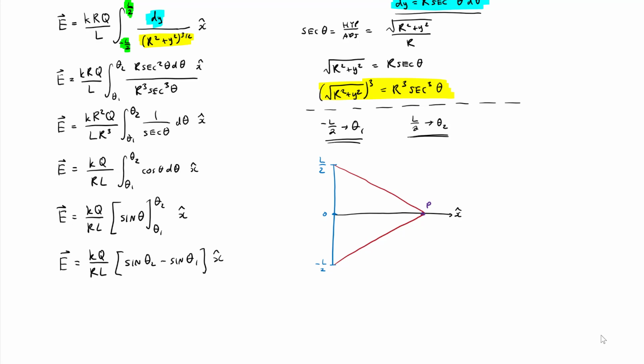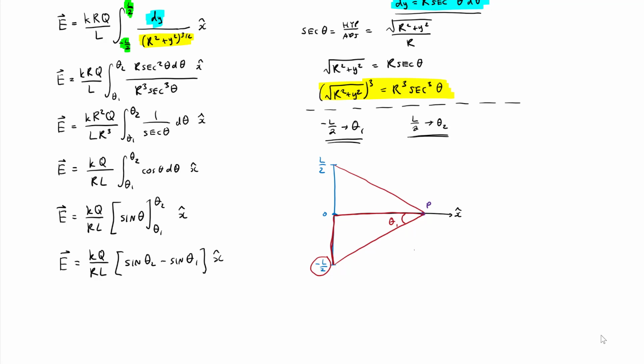So if I take a look here, when I'm at negative L over 2, I make an angle of theta 1.